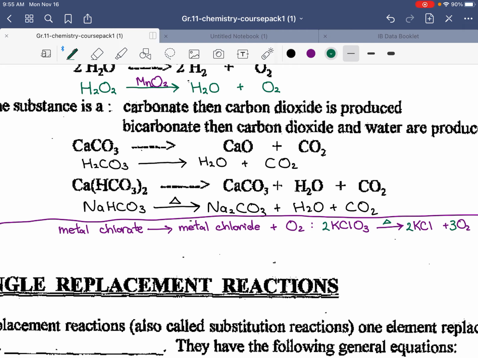All right, I have another example. Okay, let's use another color here. This is also a very important example. Okay, we have metal nitrate. Okay, metal nitrates decompose to give you metal nitrite.